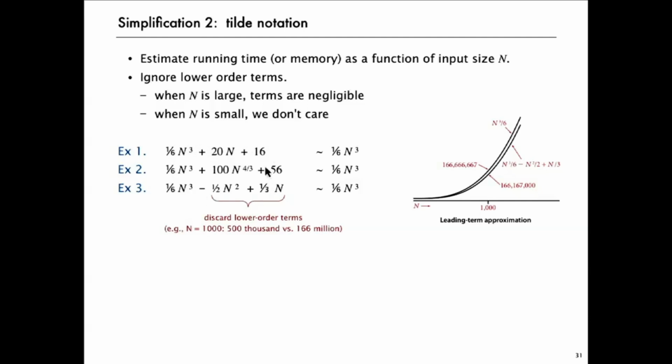So all of these formulas are tilde 1/6 n cubed. And that's a fine representative approximation to these quantities. And it greatly simplifies the calculations to throw away the low order terms like this. So by focusing on one operation and throwing away the low order terms, and this is the technical definition of tilde, f of n tilde g of n means the limit of f(n) over g(n) equals 1, and you can check that that's going to hold in these kinds of situations.